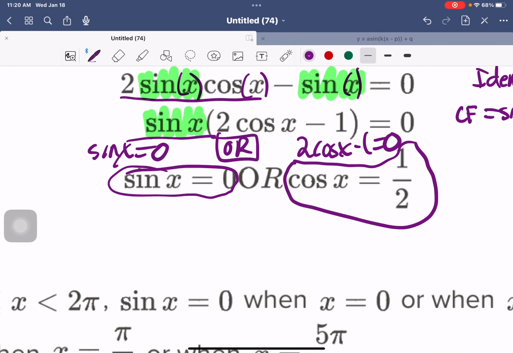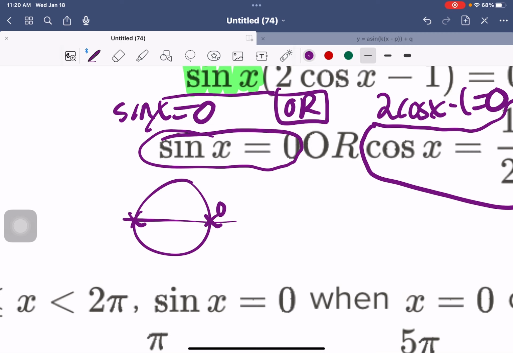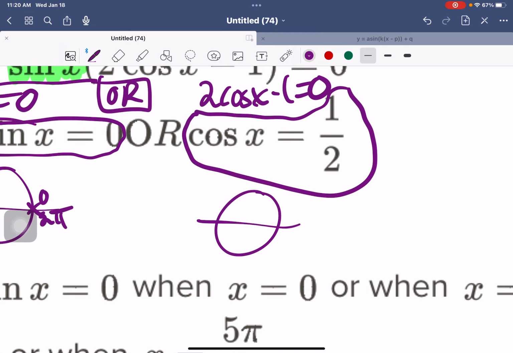So when I do that, when is sine x 0? Well, sine x is 0 here and here, 0, pi, and 2 pi. Cos x is equal to 1/2. Now remember, that's just a simple cos x is 1/2, so we don't have to have a u substitution.